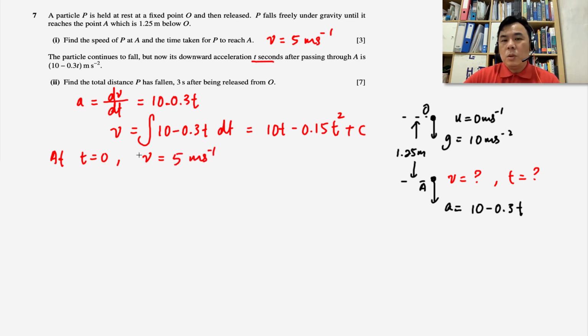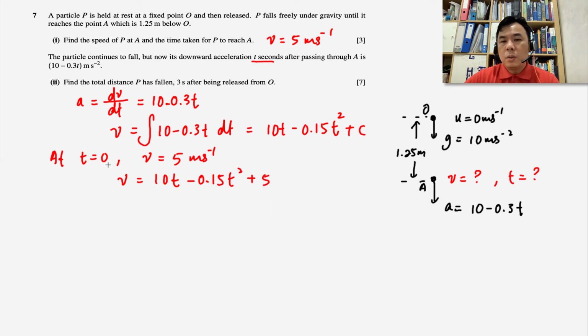Now, by substituting this value into our velocity equation, we will get a definite answer for this velocity as 10t minus 0.15t squared plus 5.